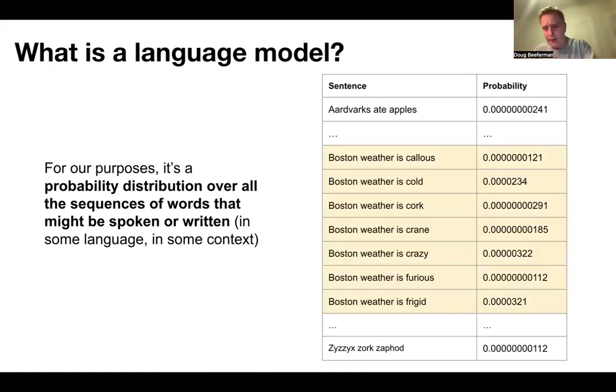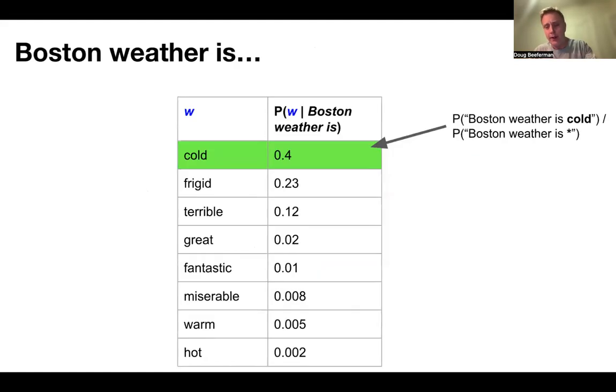So imagine that to decide what to show me as a suggestion, it takes all of the words that follow Boston weather is, and then it sorts them by its modeled probability of the word given the left context Boston weather is. If it's a certain kind of model, like a generative model, it's particularly easy to access these completions in an efficient way.